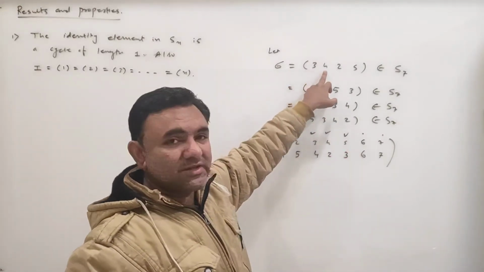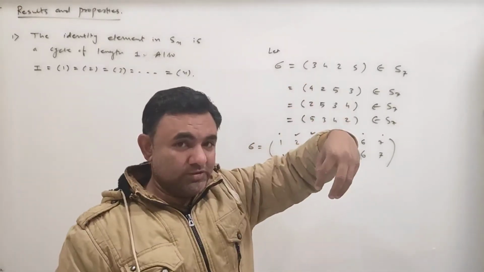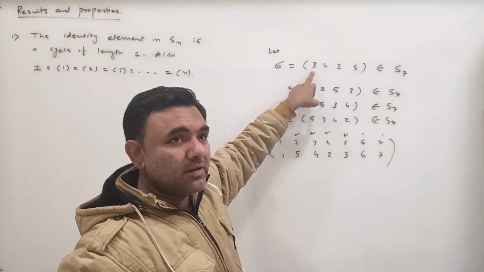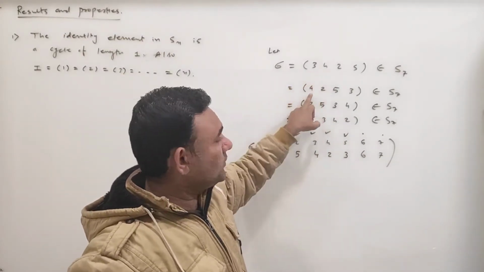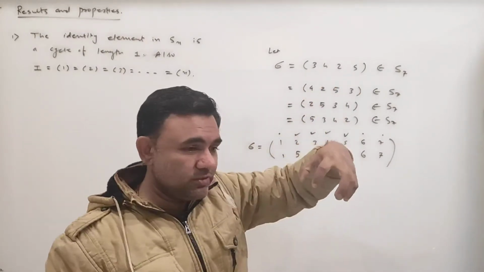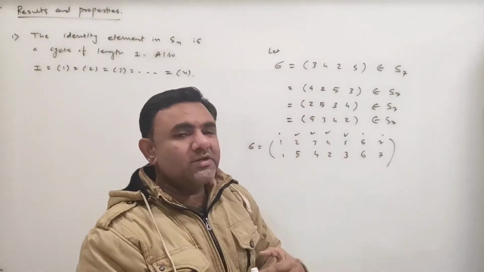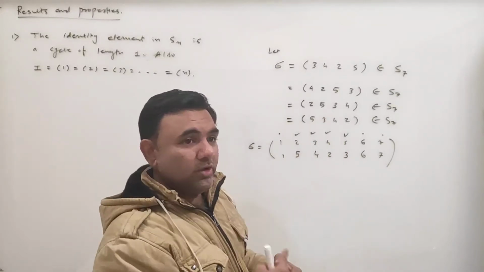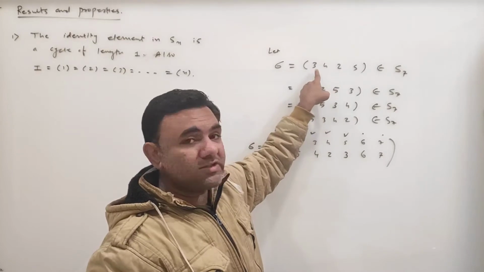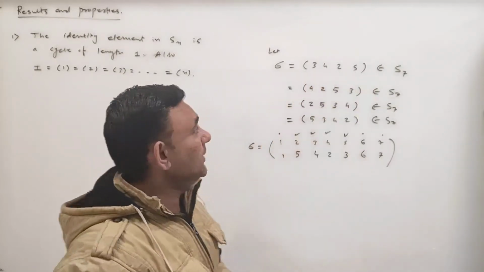In the first presentation, 3 is in the first position. Then I rewrite this sigma with 4 in the first position, then 2, and then 5, and the remaining elements are in the cyclic order. I have not changed the cyclic order of these elements.